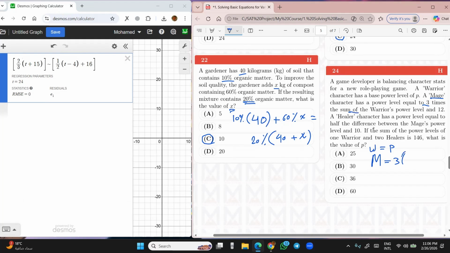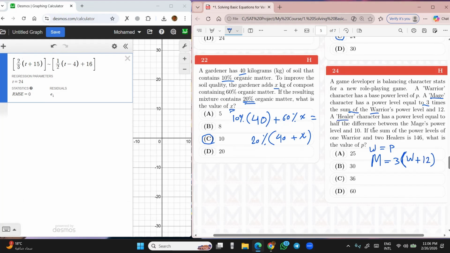The sum means you need to write plus sign between the parentheses like this inside the parentheses. 3 times the sum of what? Warrior power level and 12. Warrior, which is W, and then 12. That's the second equation here.